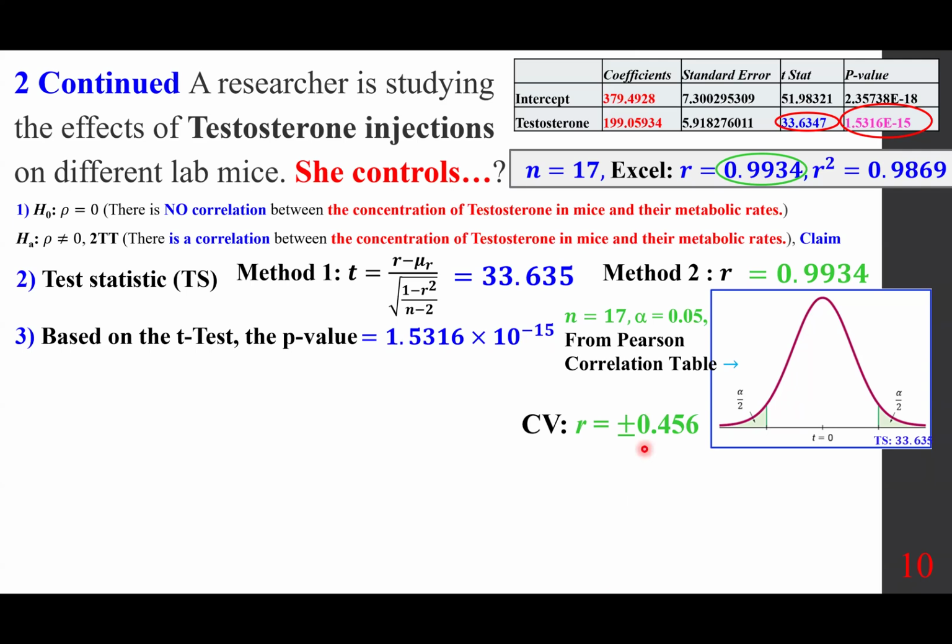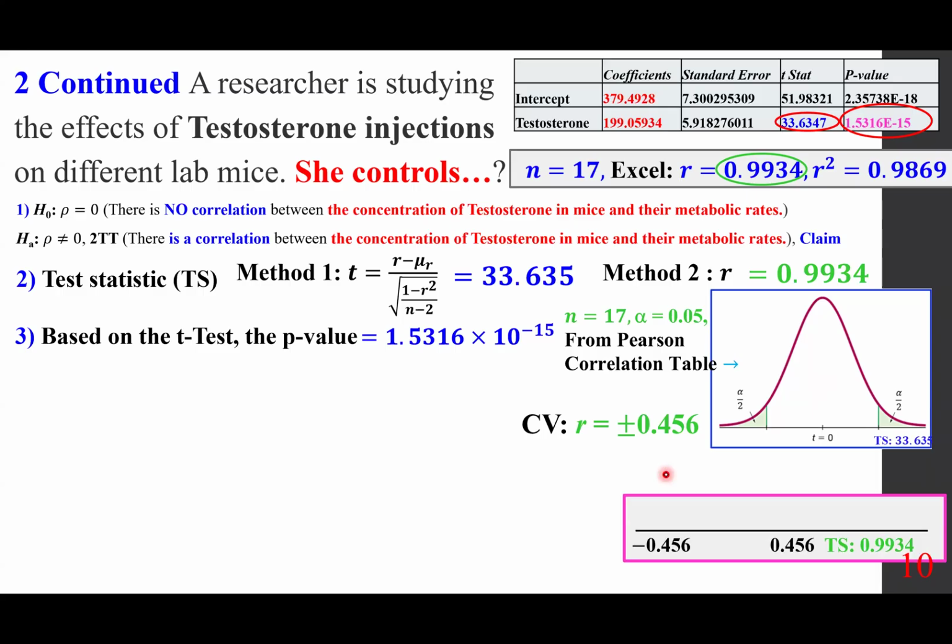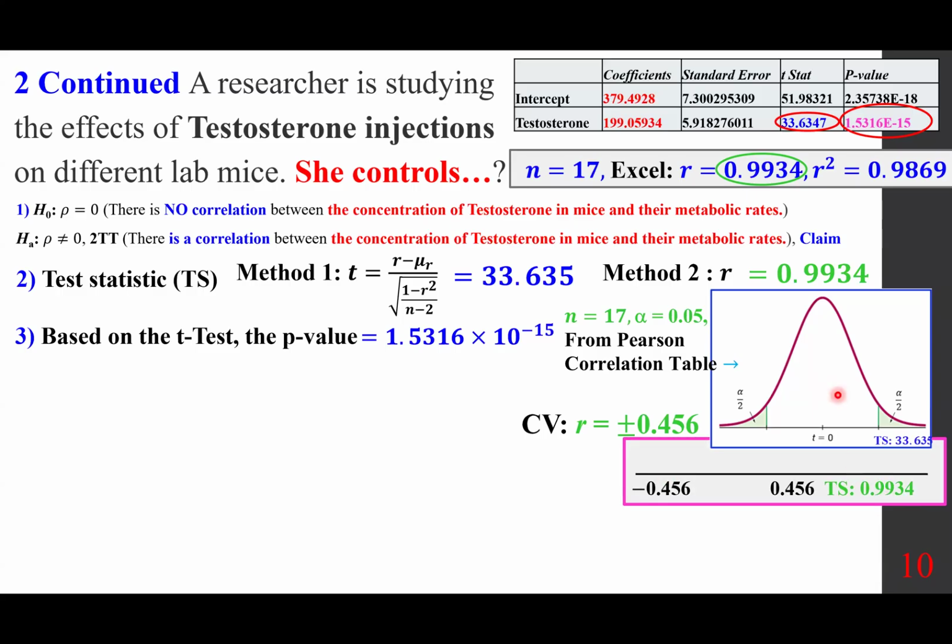In other words, on the number line, we have the negative number and positive number, and this one is way into the right side of the 0.456 critical value rejection region. So the test statistic of 0.9934 is way into the rejection region.